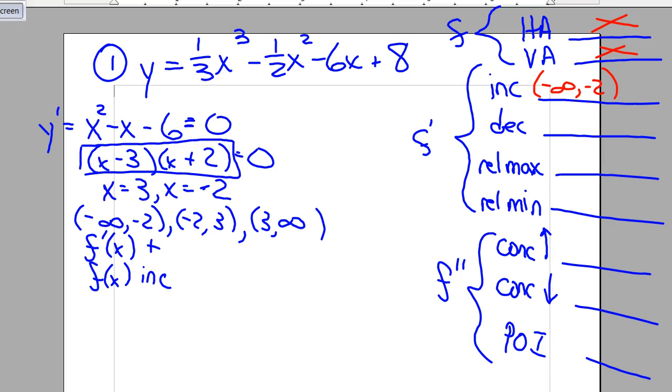If I plug in 0, this is negative, this is positive, so we get a negative derivative. And then f of x is decreasing, so decreasing from -2 to 3. If I plug in something between 3 and infinity, let's say 10, everything's positive, so now the derivative is positive, which means the original is increasing.